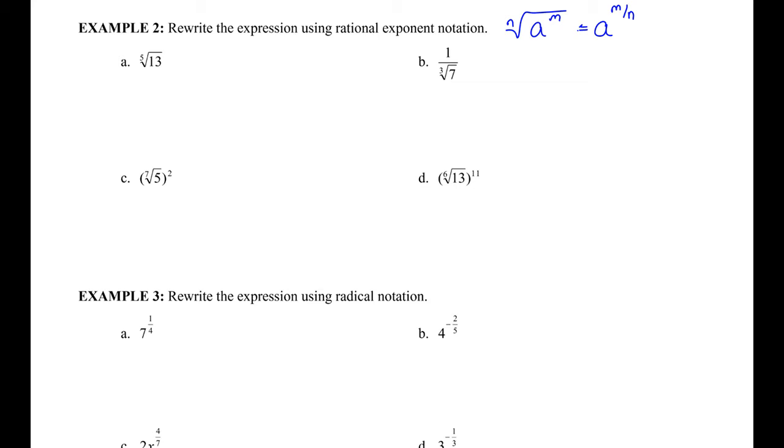So in this case, my base is 13, that's my a value. Because you don't see an exponent attached to the 13, we know it's a 1. So this is 1 over the n value, which is 5. And I said the a value was 13, so 13 to the power of 1 over 5.